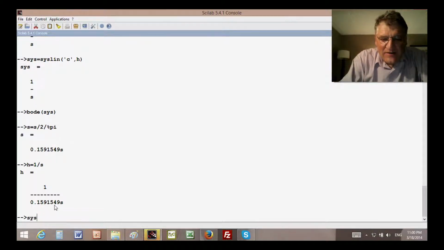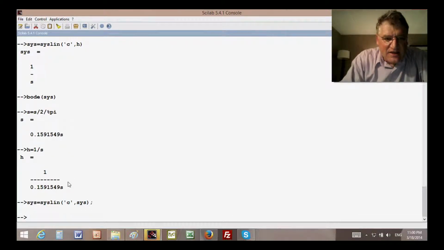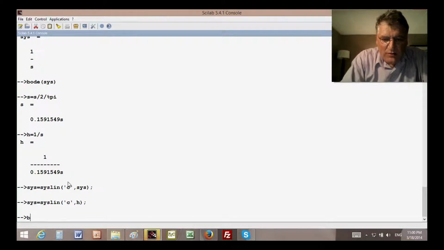Because when I define my system as the system corresponding to that transfer function, which is in fact 1 over S, not 1 over this, let's see what happens. We write this, and sorry, my mistake. And then we can plot Bode of sys.